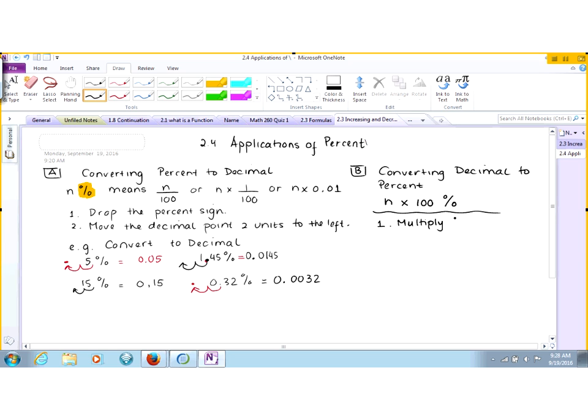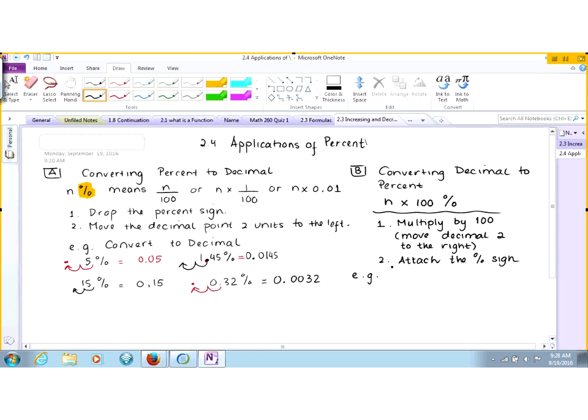Move the decimal to the right, and then attach the percent. That's it.